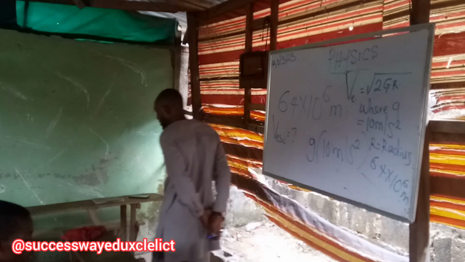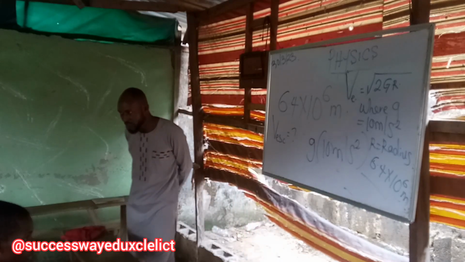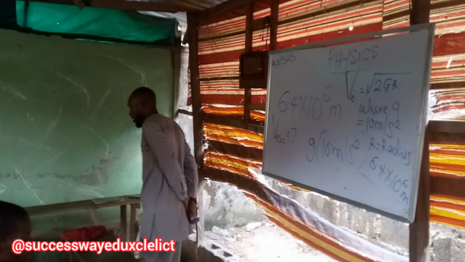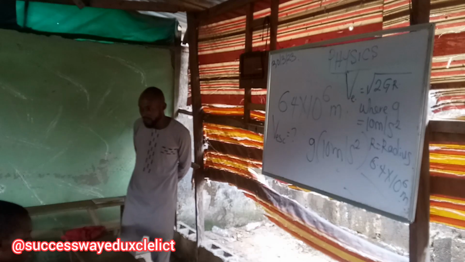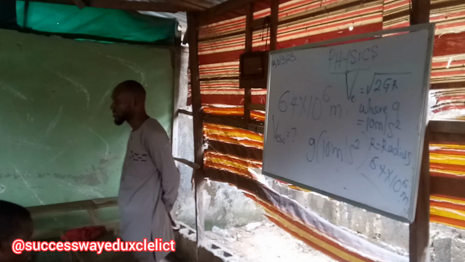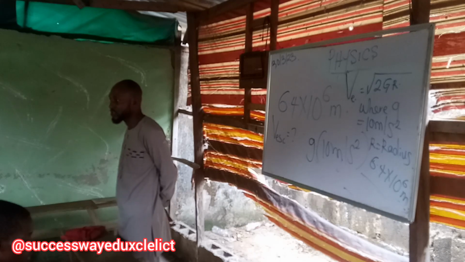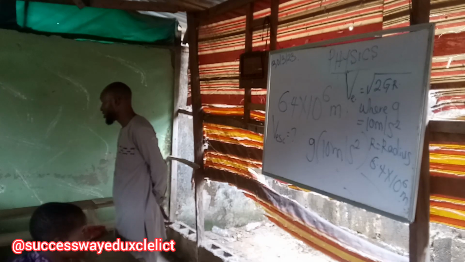What is the final answer there? Those of you just coming, I told you guys last week that we will be looking at continuation of light down to sound, mirror, concave, convex in physics. I'll be looking at organic chemistry in chemistry. I decided to do something different because some of us are taking JAMB mock.